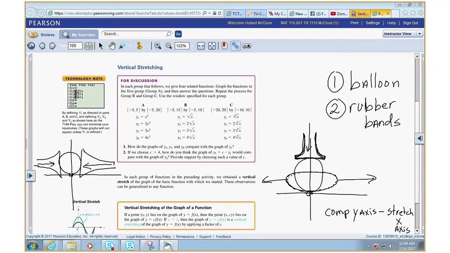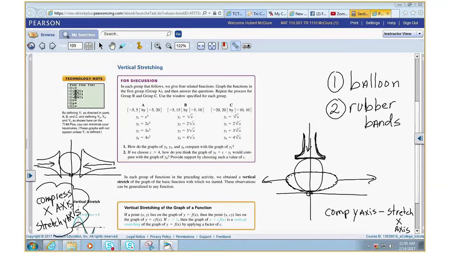It's going to compress along the x-axis. And what's it going to do on the y-axis? Now, if you've got that in your head, write it down somehow. You need to remember what's happening here, because you're going to have some homework questions and some test questions that are going to ask you these two things.